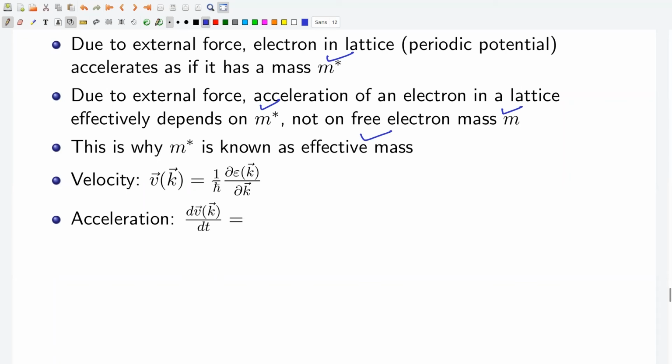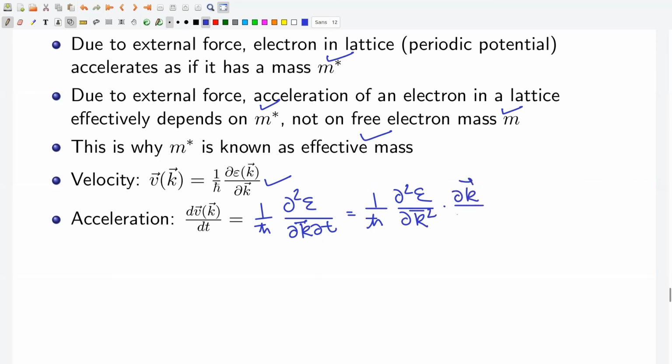Velocity of an electron is the first derivative of energy with respect to k. Now let us calculate acceleration, which is dv/dt, which is equal to 1 by ħ d/dt of ∂E/∂k, which is equal to 1 by ħ ∂²E/∂k² times ∂k/∂t.